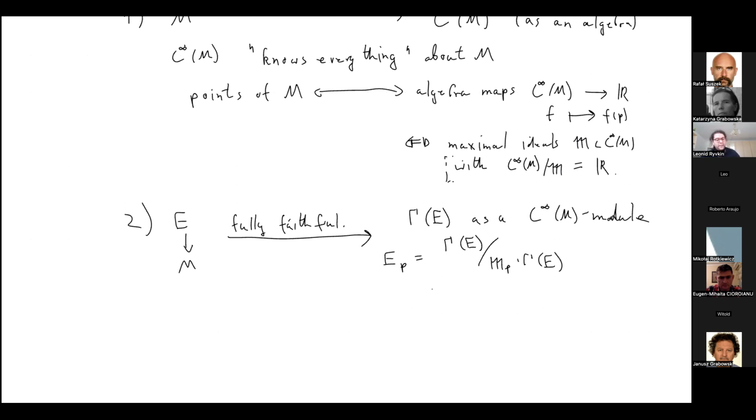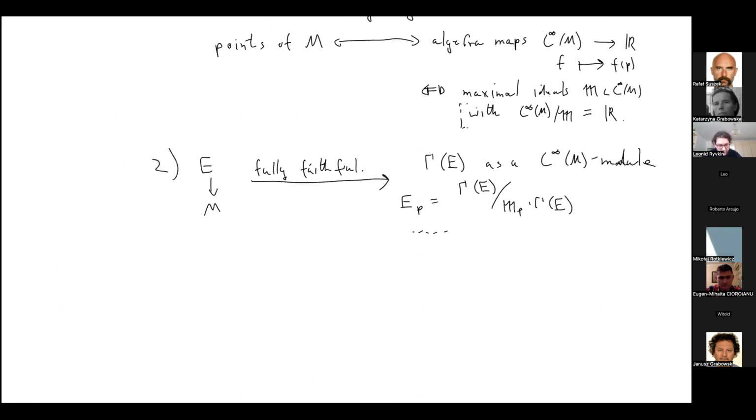And this map is not just fully faithful, but if we just look at projective modules on the right-hand side, then it's also essentially surjective. Which means that any projective module actually comes, up to isomorphism, from a vector bundle.